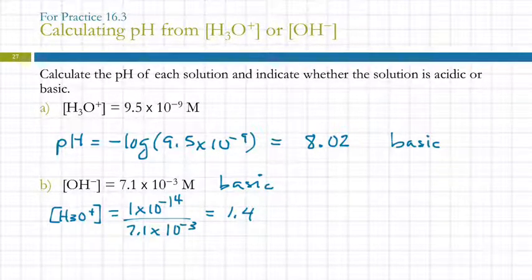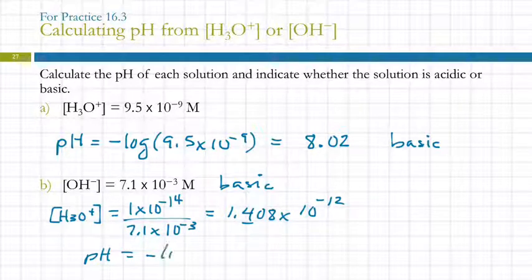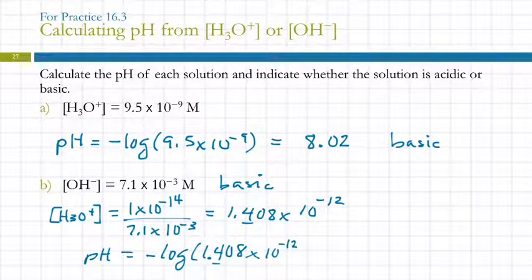We got 2 sig figs here, but I'm going to carry 2 extras because I don't want to have rounding errors. And this is 10 to the minus 12. So then the pH is the negative log of that. It's going to be 11 something, isn't it? 11.85.